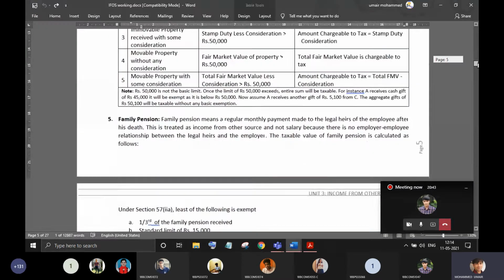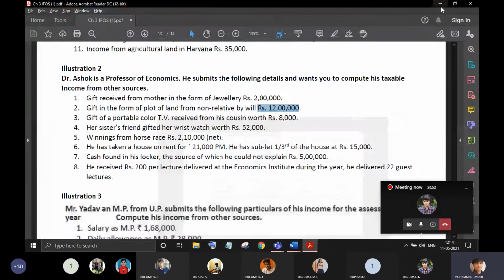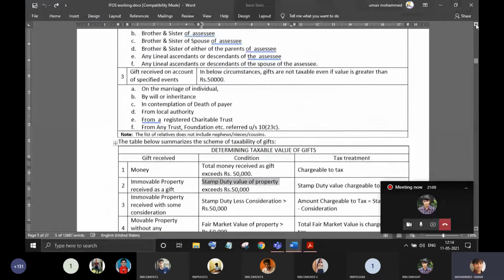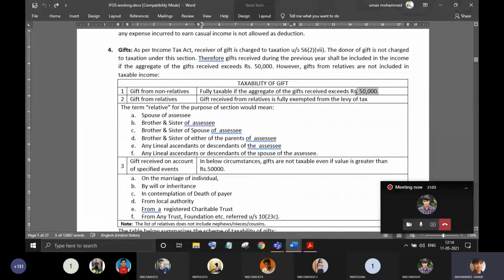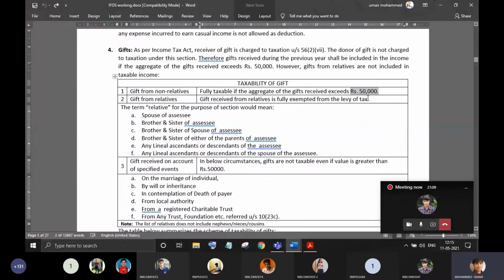How do we assess the value of gifts? If the gift is immovable property, we consider the stamp duty value of the property. We don't have to bother with stamp duty value because the value of the gift is already given. As per the rules, gift from a non-relative is taxable if the value of the gift exceeds 50,000. Here it is directly mentioned it's a non-relative and the value of the gift also exceeds 50,000, so the entire amount is taxable.